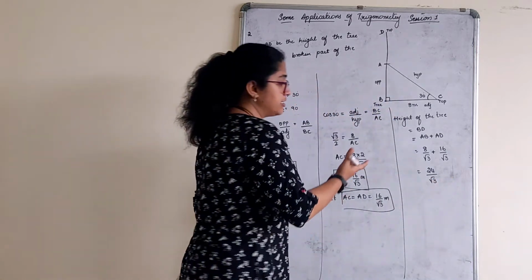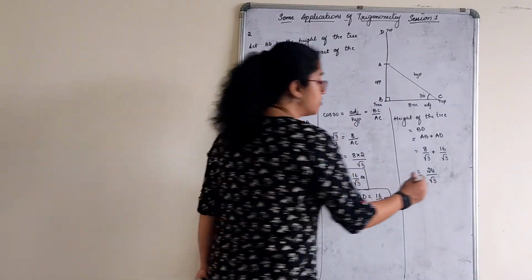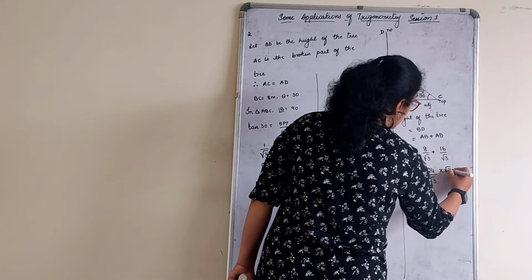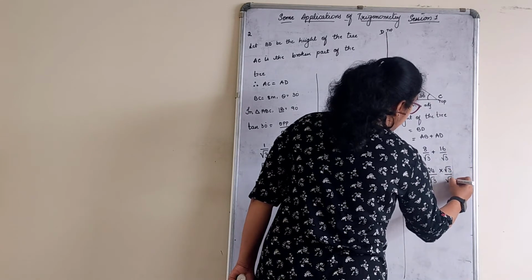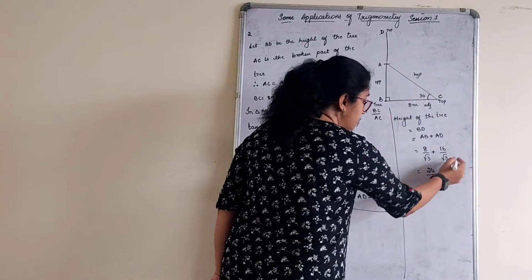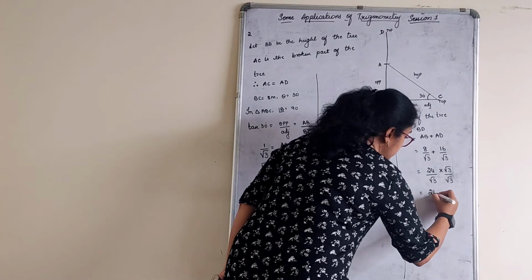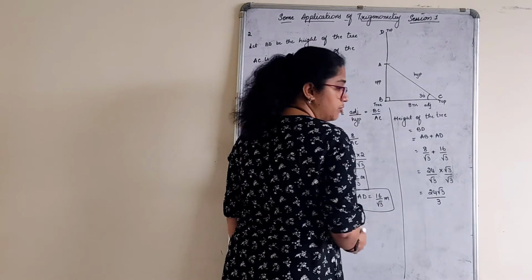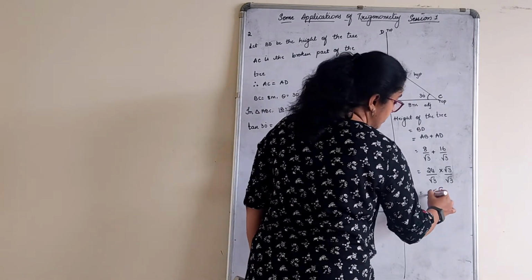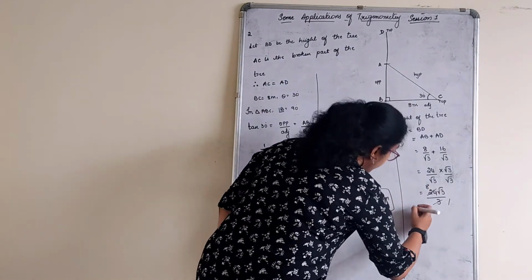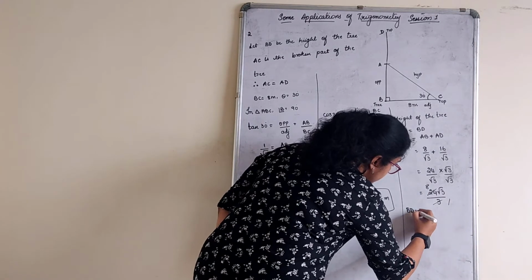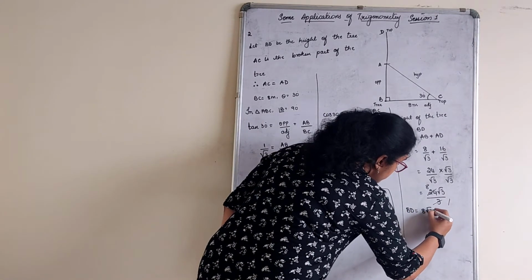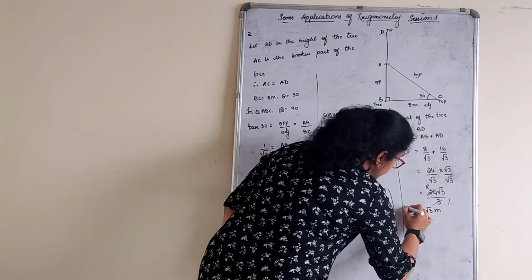Now do the final answer because root 3 you can't keep in the denominator. So, multiply by root 3 to rationalize it. You need not even mention. So, don't cancel root 3 and root 3. 24 root 3 divided by 3. Root 3 into root 3 is 3. 3 ones are, 3 eights are. So, height of the tree BD is equal to 8 root 3 meter.